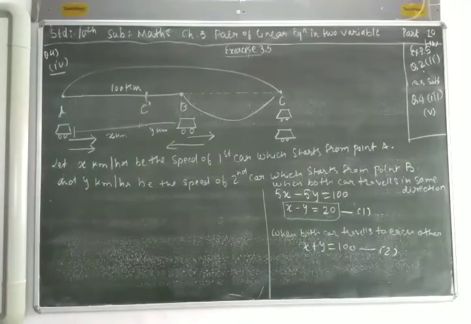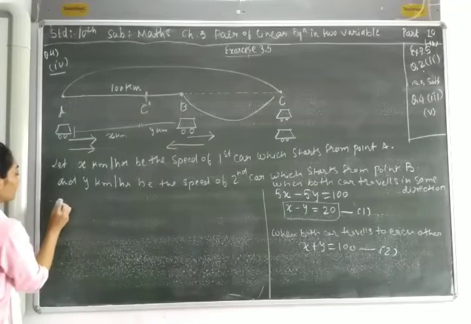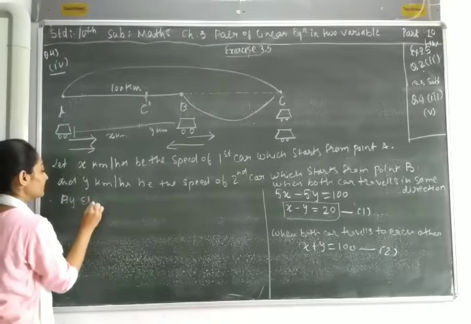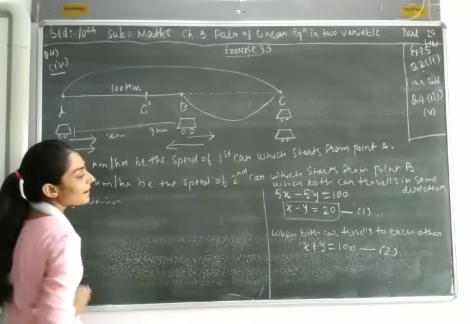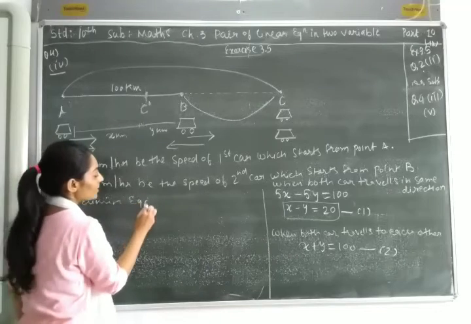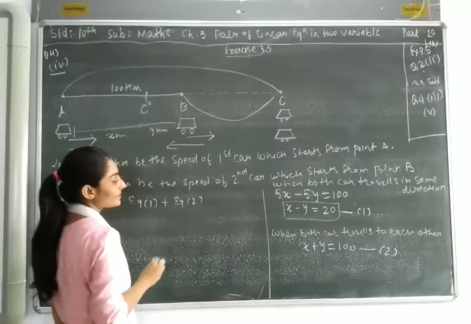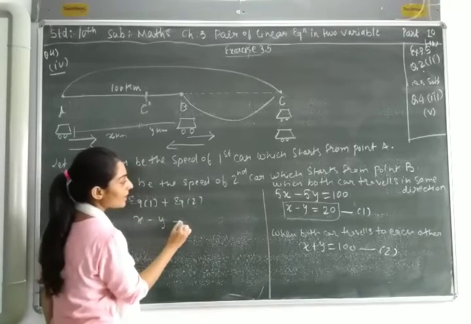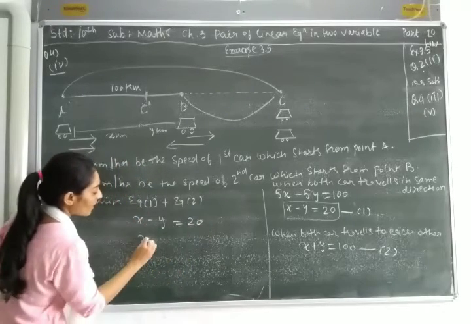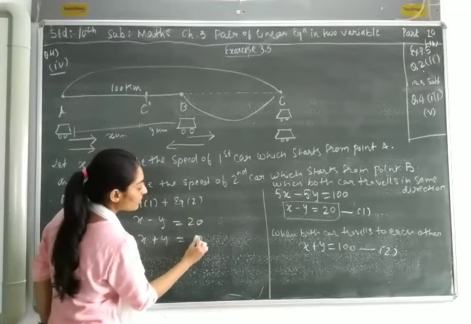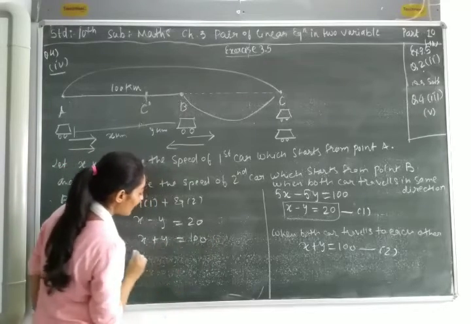So solving by the elimination method. Equation 1 plus equation 2, because we have x minus y equals 20 and x plus y equals 100.